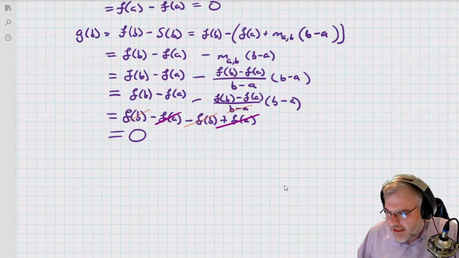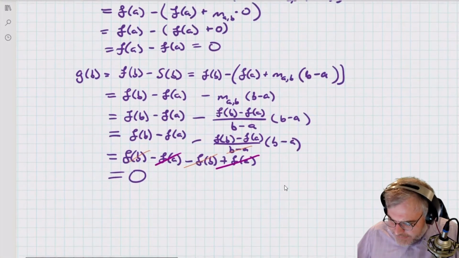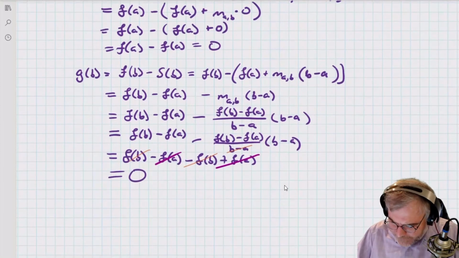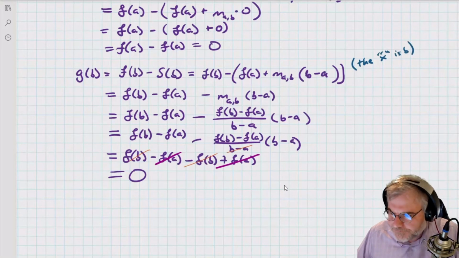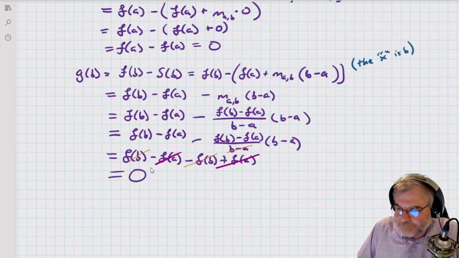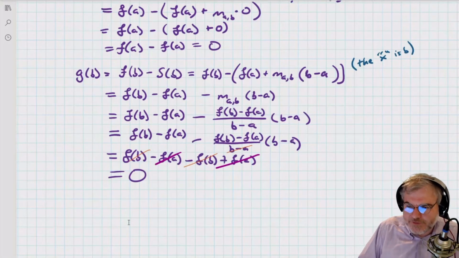All right, 1 to 5, how do we feel about that now that I fixed it? The x is b, I flipped it. Anybody? 1 to 5. Oh, there we go.